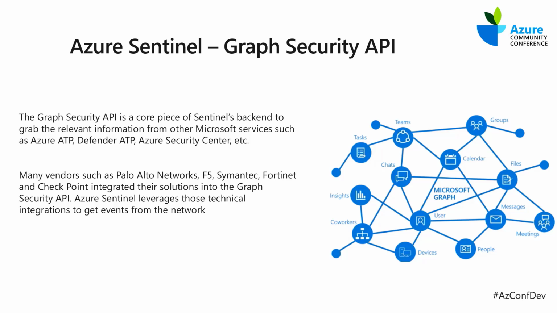The Graph Security API collects information from many different security products, and this allows Sentinel to easily access data or alerts from Azure Active Directory, Azure Information Protection, Security Center, Microsoft Cloud App Security, Microsoft Intune, and Microsoft Defender ATP. In fact, it can easily integrate with other software that makes use of the Graph Security API. So the Graph Security API is at the core of Azure Sentinel.